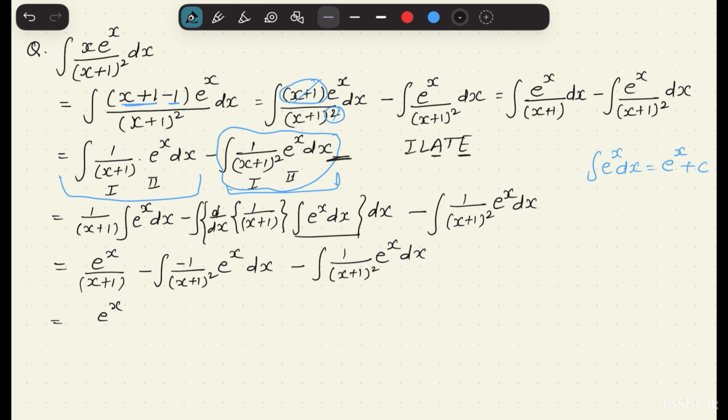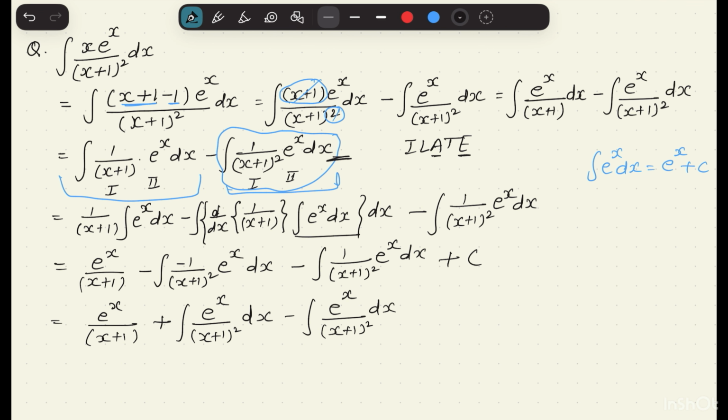Now we solve this. E to the power x upon x plus 1 minus minus plus e to the power x upon x plus 1 square dx minus e to the power x upon x plus 1 square dx. Now we can clearly see that, okay, here we can write plus c. So this term is cancelled out by this term. So eventually our answer is e to the power x upon x plus 1 plus c.